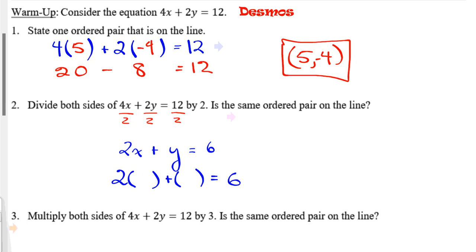So I'll substitute in 5 in place of x, negative 4 in place of y. 2 times 5 is 10, minus 4. Is that equal to 6? Yes, it is. So my ordered pair is on the same line. So even though this equation looks different, the relationship between x and y is exactly the same. So the same ordered pair is on both lines.